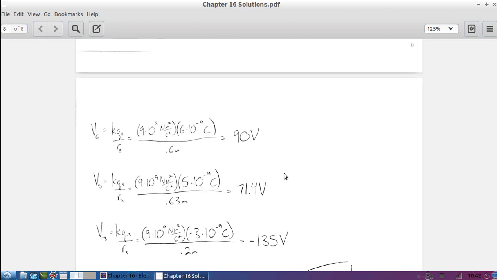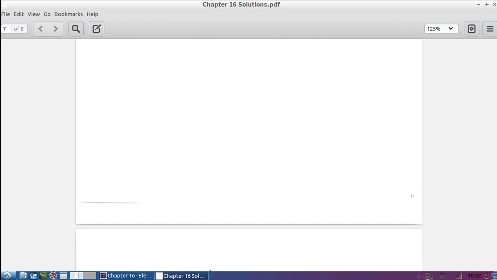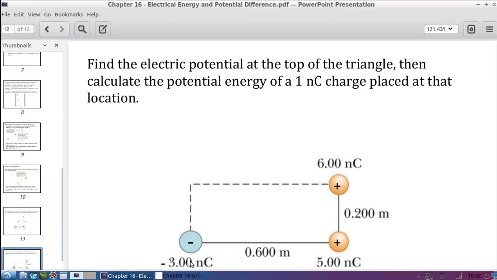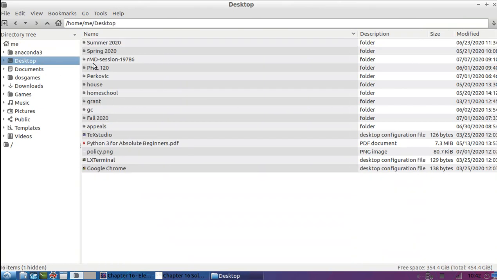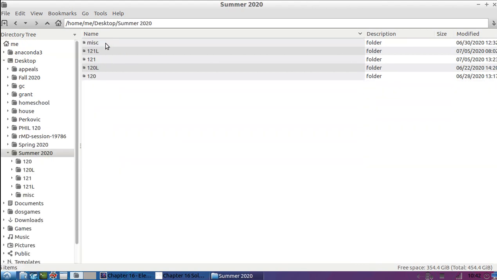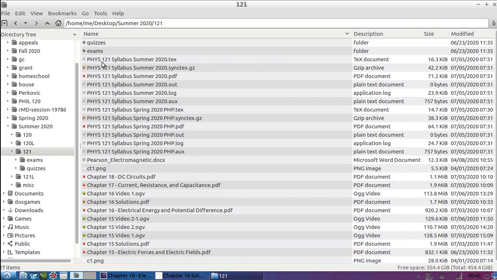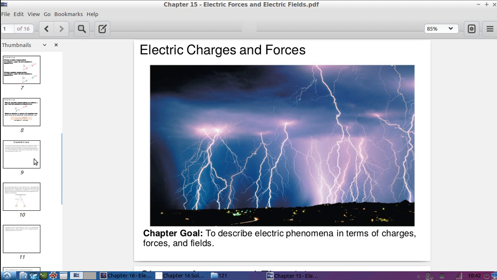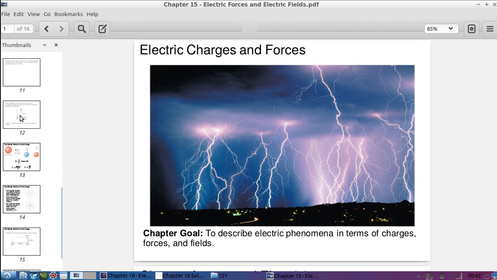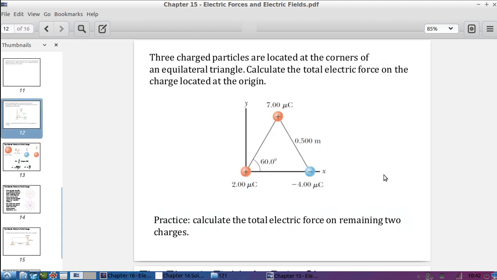So for a little bit of practice, maybe go back to chapter 15. Let's pull up our chapter 15 PowerPoint and just look for a couple situations where we can apply the concepts of potential and electric potential energy.